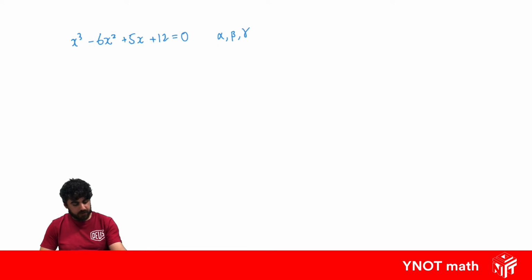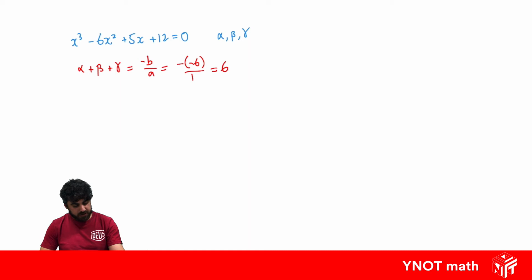So what could be helpful first, before we look at any questions, are just finding the expressions. So let's find an expression for alpha plus beta plus gamma. We know it's equal to minus b over a, which is just going to be minus 6 over 1, which is just going to be 6.